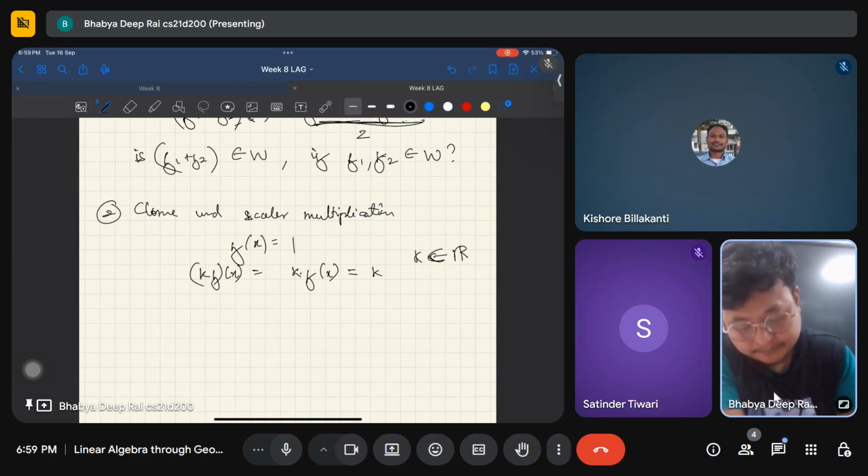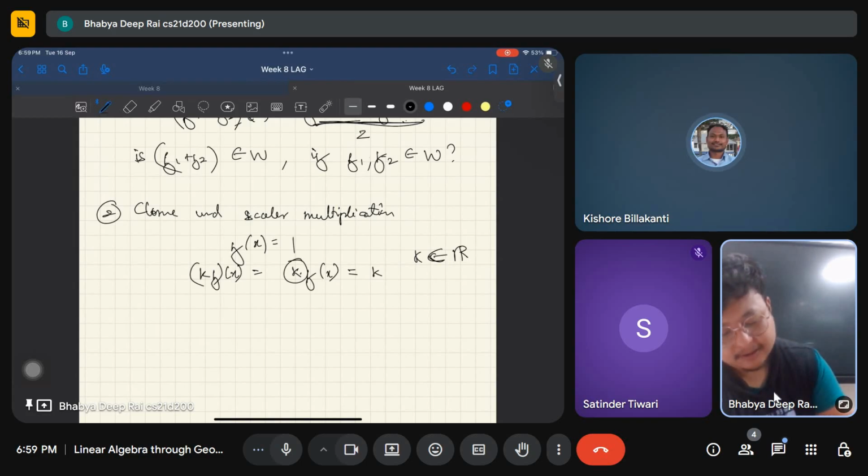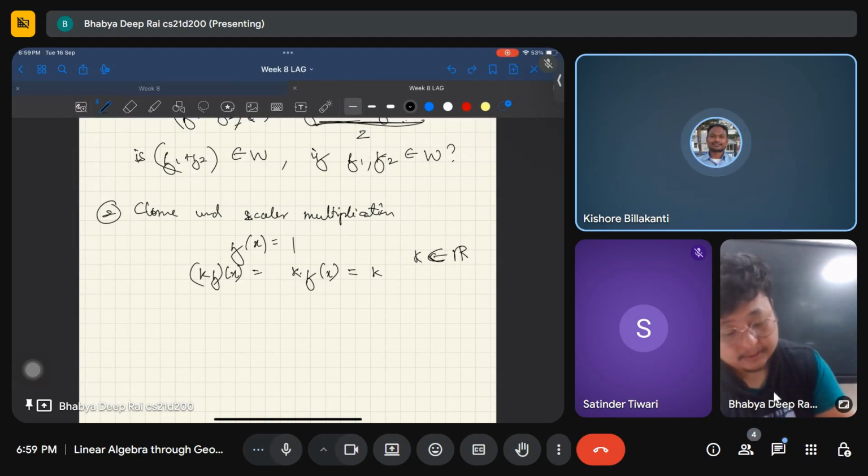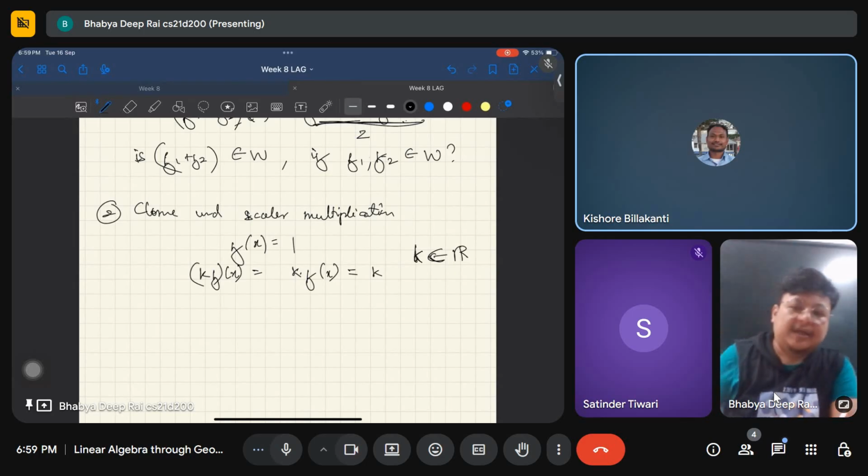Can we close it under scalar multiplication? The k value should be within 0 to 1.